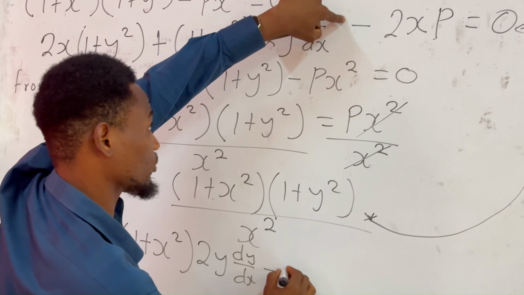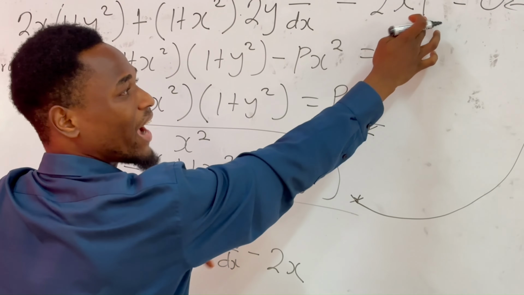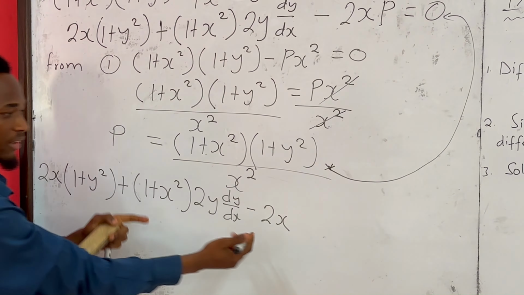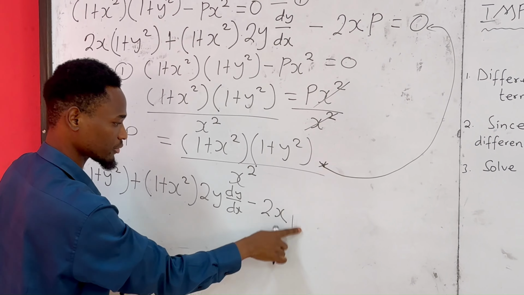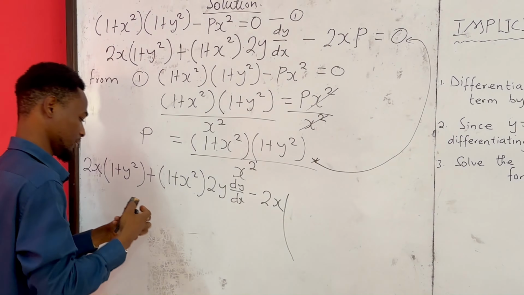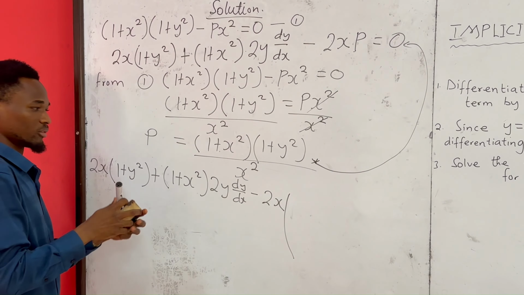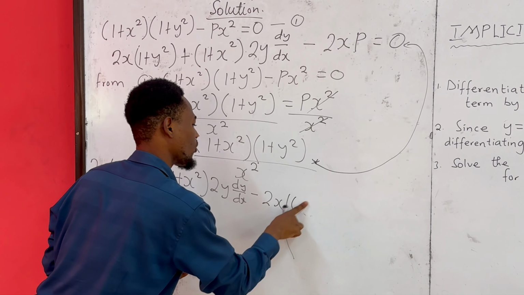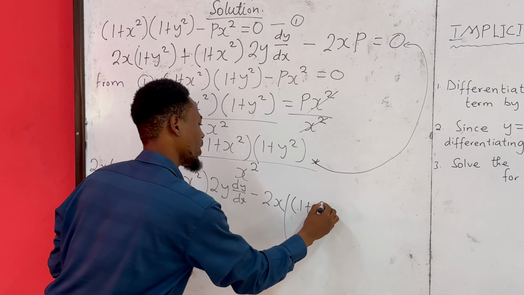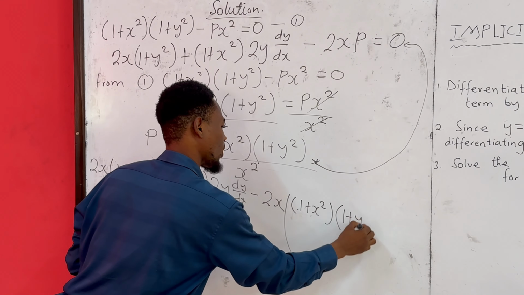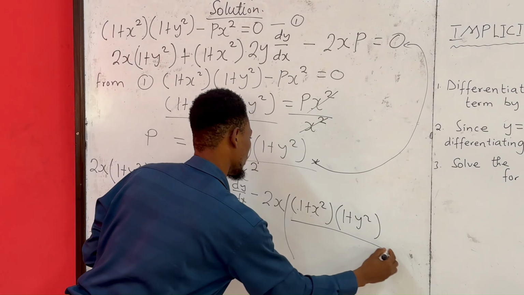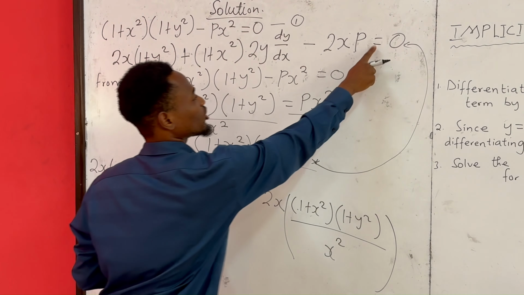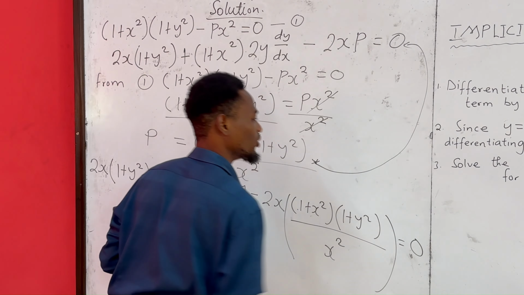Then minus 2x. Whenever I see p, I put the expression for p. I'll just substitute p here. So p becomes the whole of this. So I have 2x, I have 1 plus x² times 1 plus y², all over x², equal to 0.